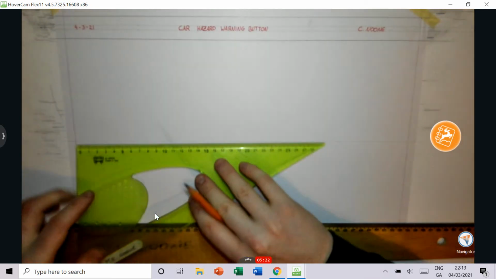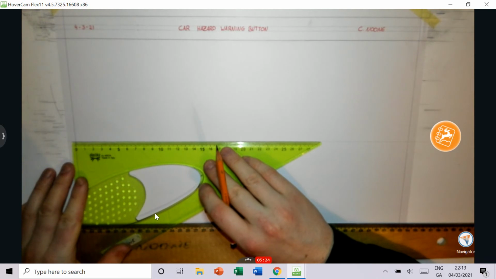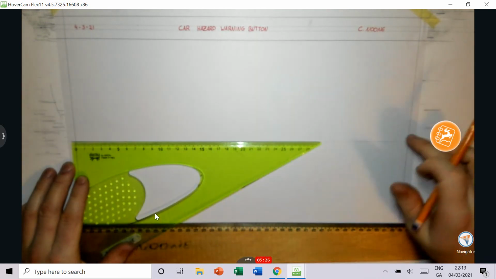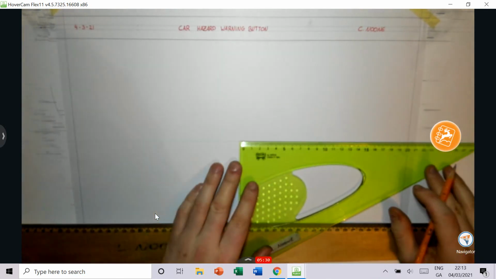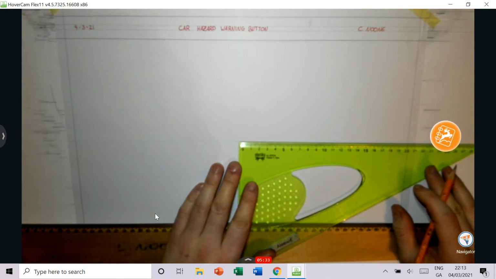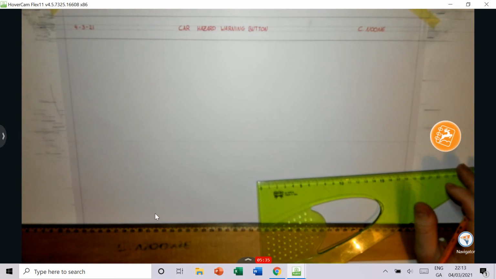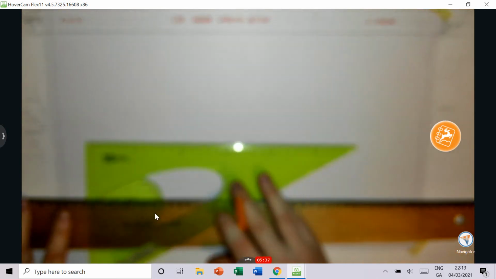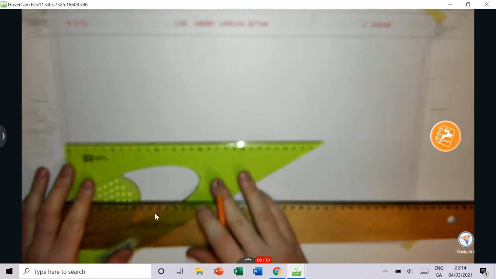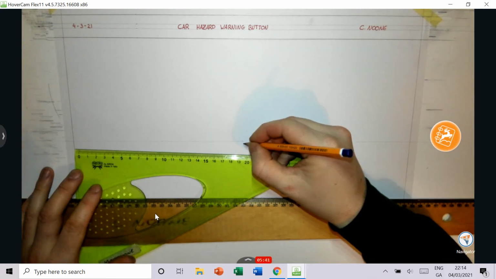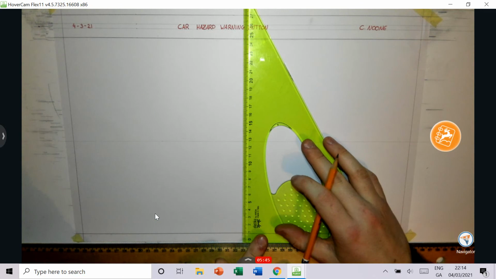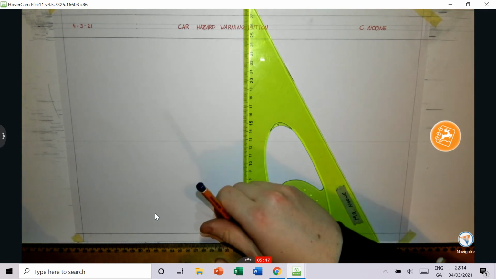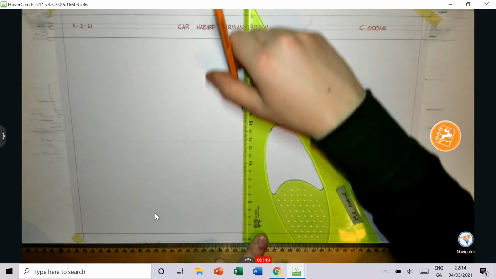Okay, so the overall length of that line from border to border, I'm going to have to add these together, it's going to be exactly 400 mil. So to find the center of that, I'm going to have to measure in 200 mil, and I'm going to draw a construction line vertically through my sheet.